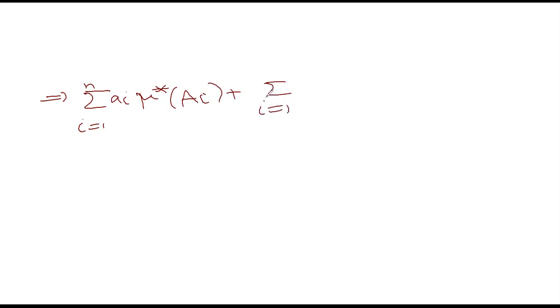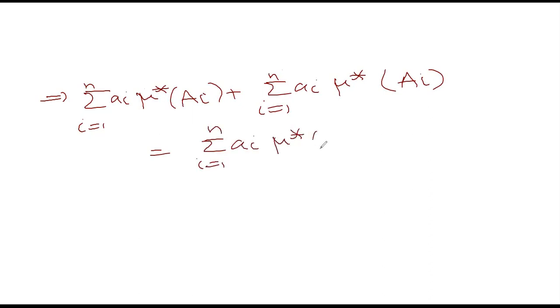So on this side we have the same sums. Summation i runs from 1 to n ai mu star of ai plus summation i runs from 1 to n ai mu star of ai is equal to summation i runs from 1 to n ai mu star of ai plus summation j runs from 1 to m bj mu star of bj.